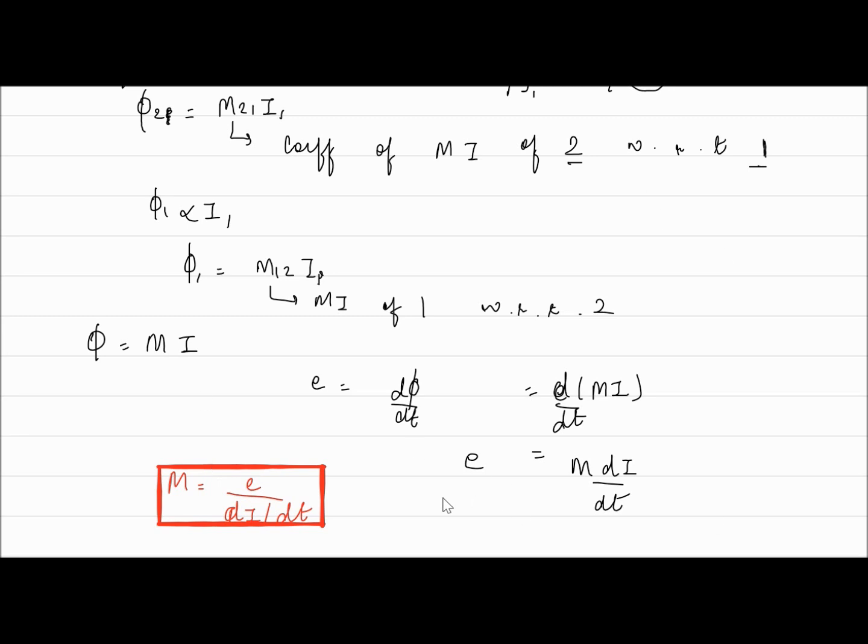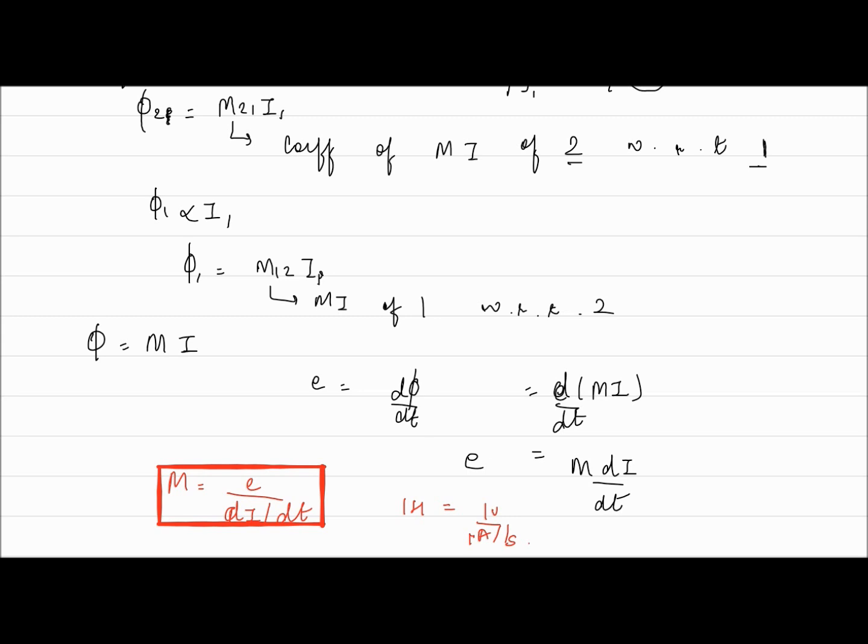So what can be the SI unit? It will be 1 Henry equals 1 volt upon 1 ampere per second. And like we defined 1 Henry in the case of self-induction, similarly we can define 1 Henry here also. It is basically the same.